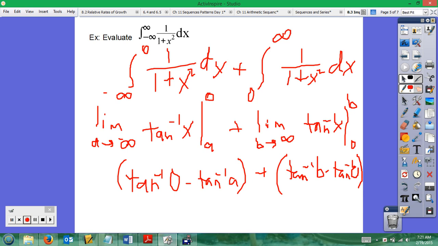So the tan inverse of infinity, actually let me take it from a different approach. Let's take care of this tan inverse of 0 first. If the tangent has a value of 0, that would mean the sine has a value of 0. So these are zeros, here and here.